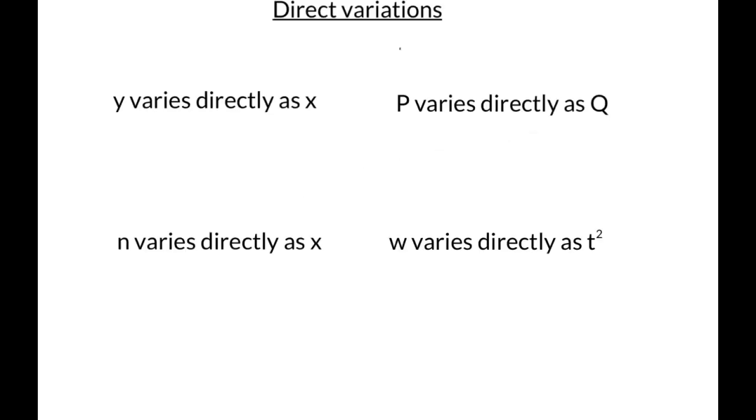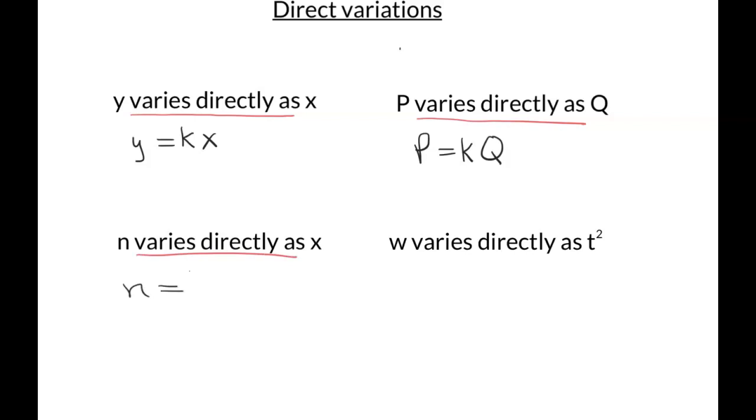Here's the one we just looked at. And remember, when you see the words varies directly as, we're going to translate that as equals k. So here I have y varies directly as x. Over here, here's that phrase again. So for this one I have p varies directly as q. For the next one, same phrase. So n varies directly as x.